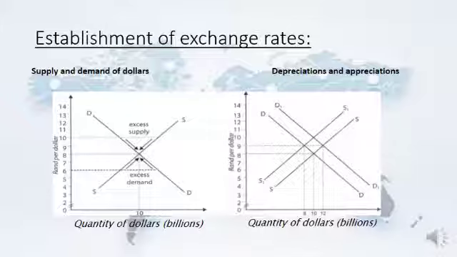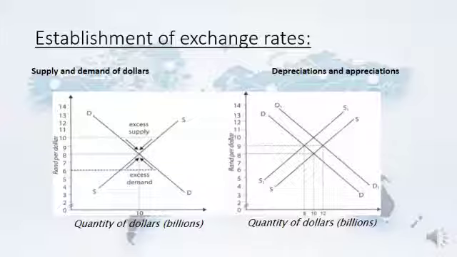Okay, so let's firstly look at a change in supply. What would cause the SS, the supply curve, to shift to S1? For example, if exports from South Africa to the USA decrease, meaning US businesses are importing less from South African companies.